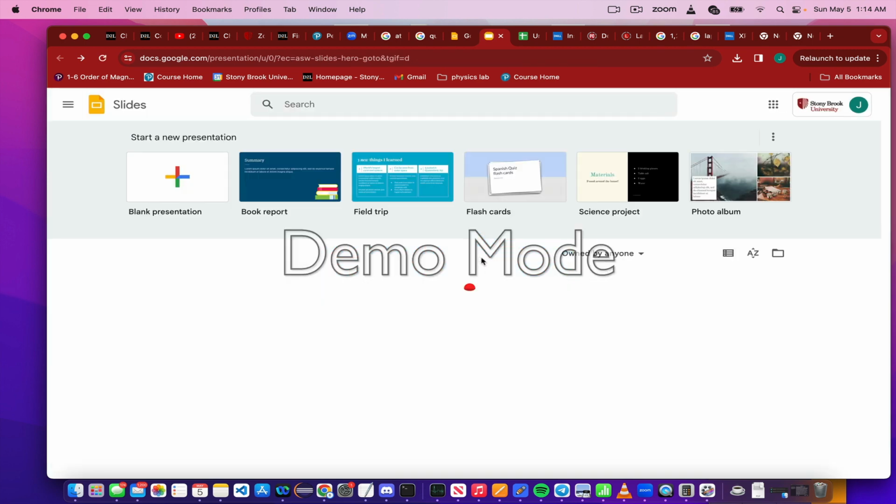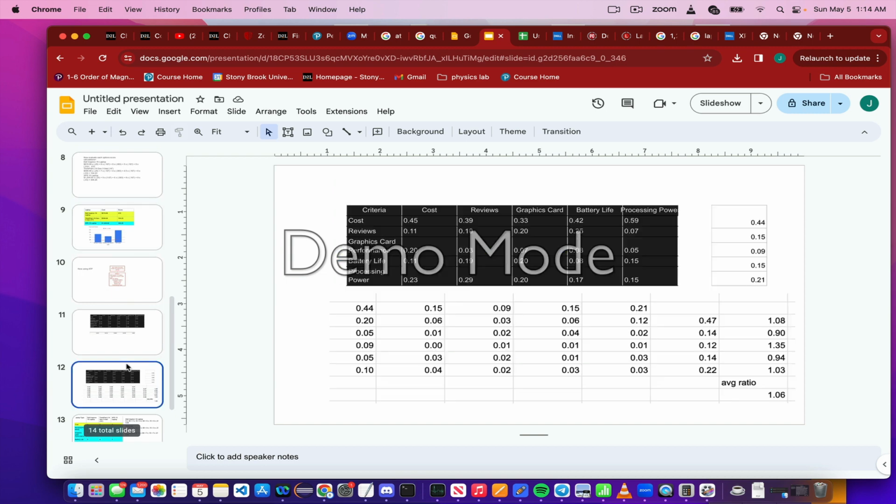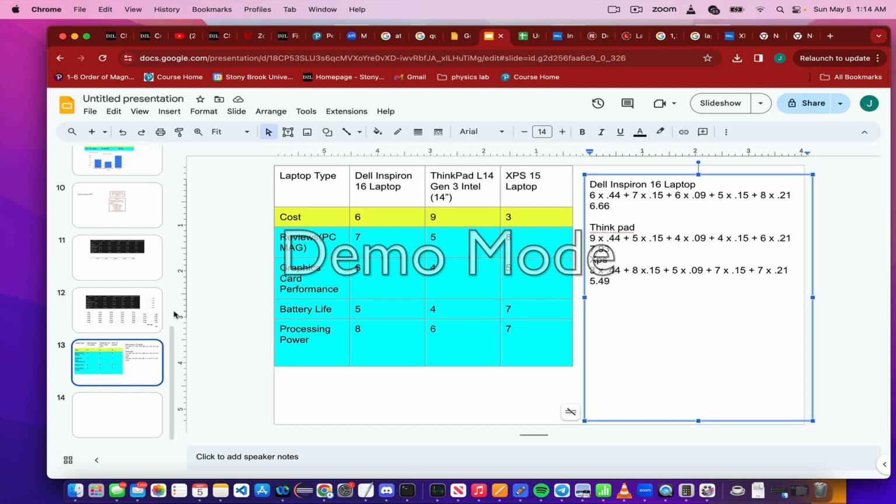So we get these as our average ratios, and then I'm going to take these values on the next page that I got.